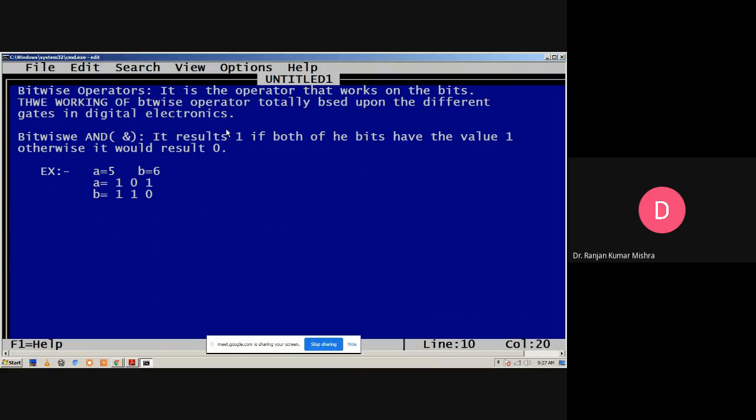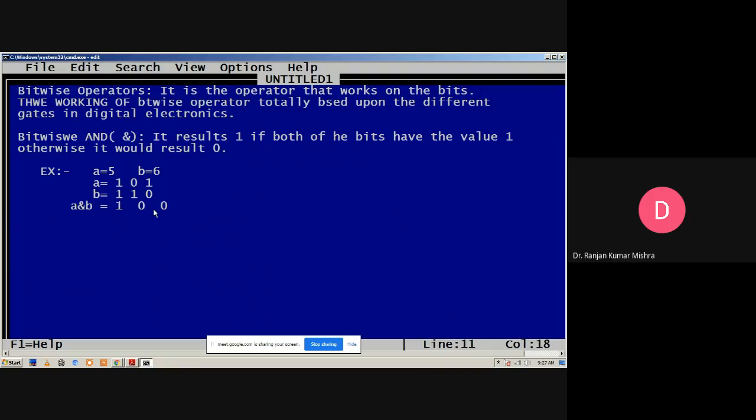Now when we use a and b, what will be the output? The first bit is 1 and the second bit is 0, so the output will be 0. The first bit is 0 and the second bit is 1, so the output will be 0. In the same way, the first bit is 1 and the second bit is 1, so the output will be 1.